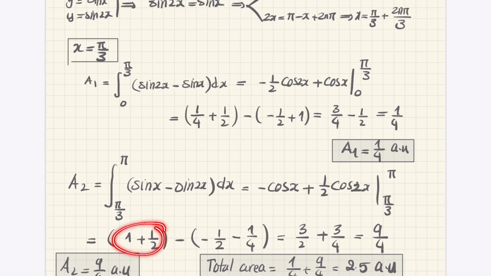So this is 3 over 2. And this one is 2 over 4 plus 1 over 4, 3 over 4, 6 over 4, 9 over 4. This is strange. Do you see any flaws in my calculations?